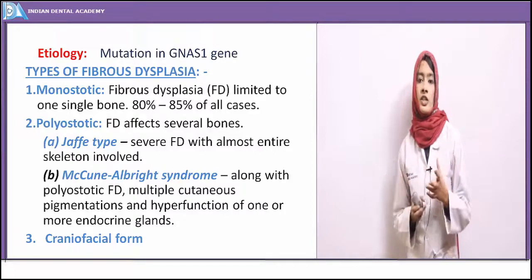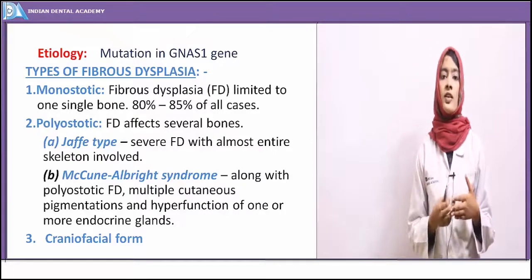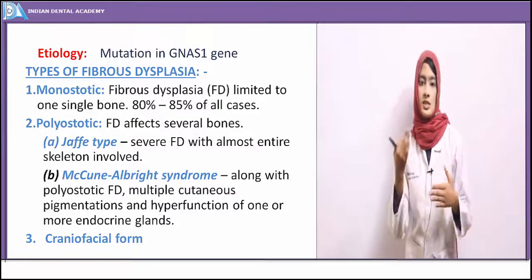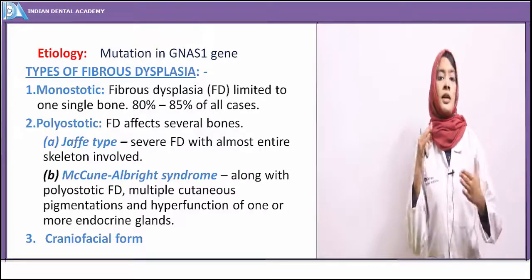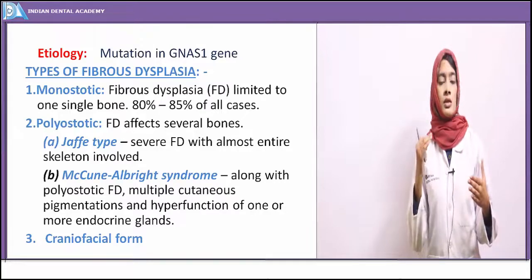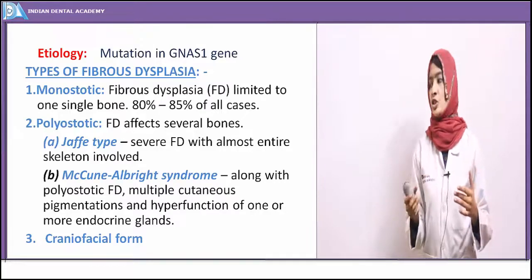And the craniofacial form, the fourth variant of fibrous dysplasia, is cherubism. Many authors have said that cherubism, the developmental disorder, is also a form of fibrous dysplasia.